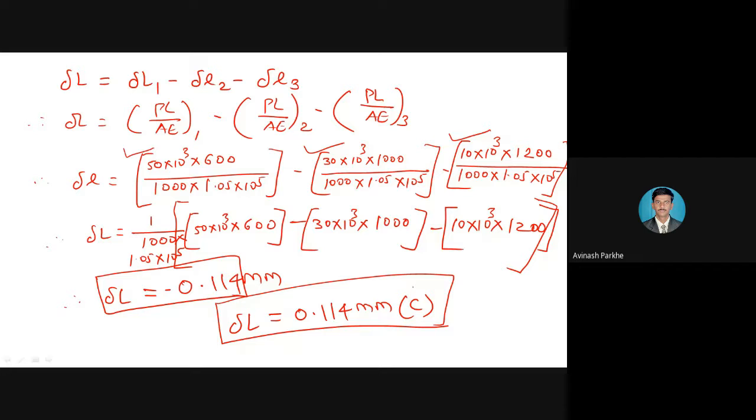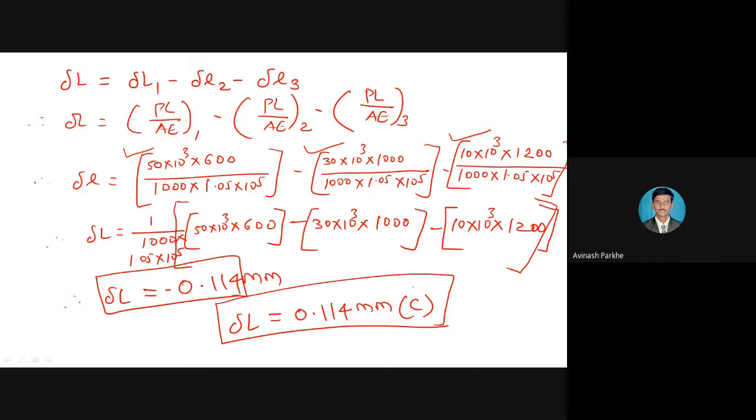If you forget to write 0.114 mm in bracket capital C, no problem, but that negative answer must be there in your examination. If you represent both, that is tensile, compressive, then it will be better for you.